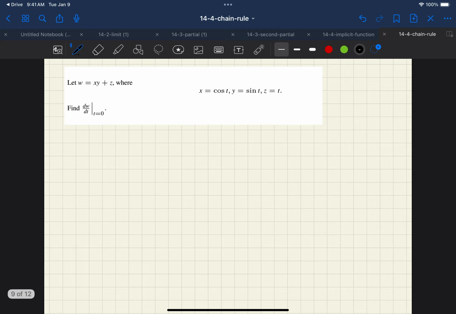So we are using the chain rule, but with three intermediate variables, and my question is what is wt?